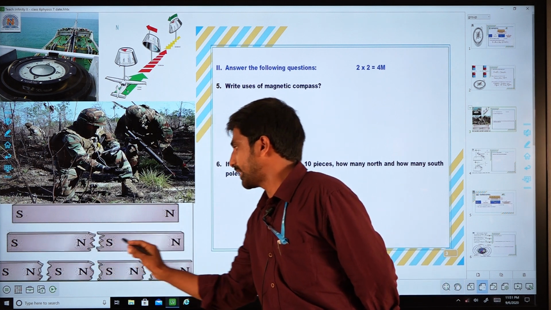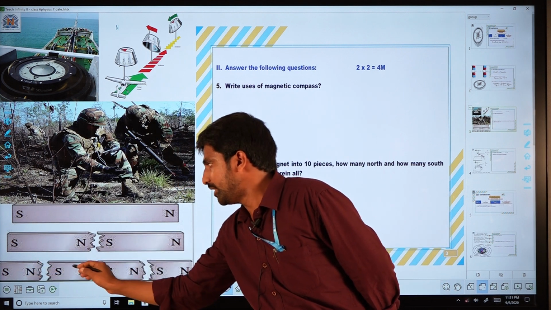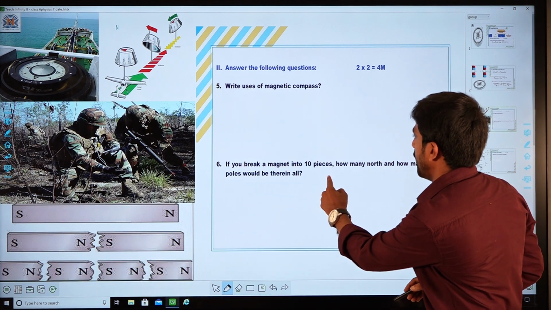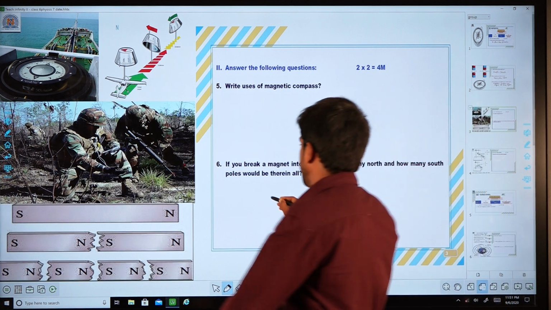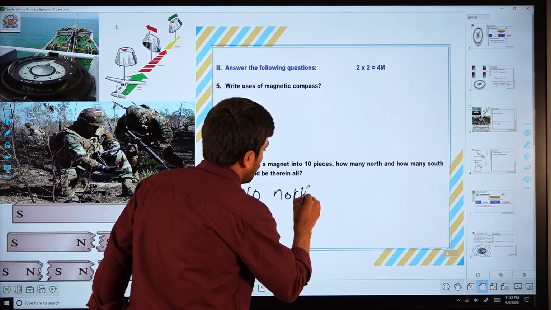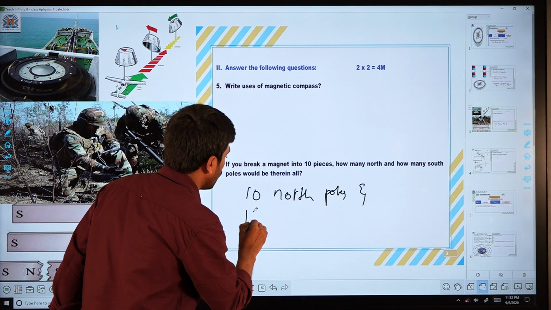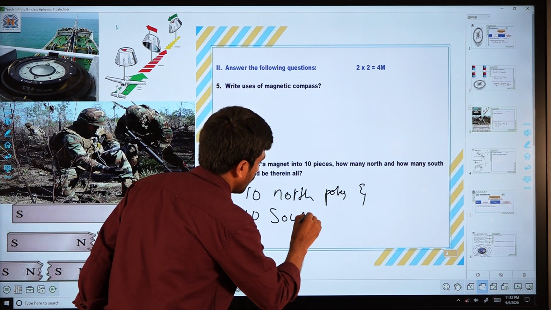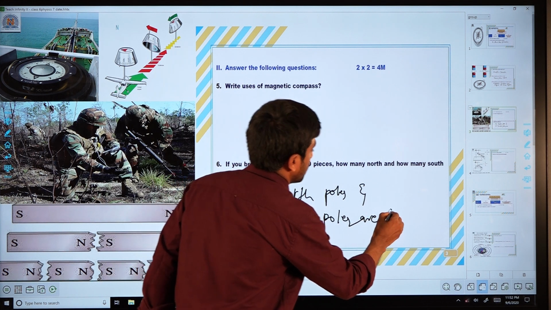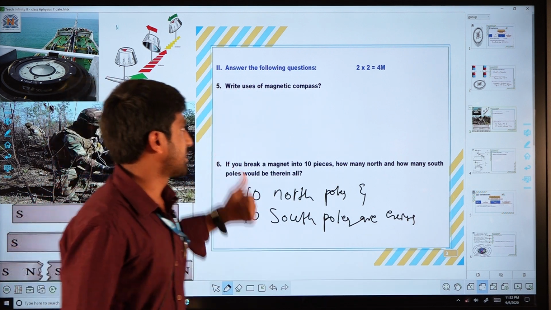Here north and south poles exist. Again you cut them, and these are again taken as magnets. So if you cut it into 10 pieces, 10 north poles and 10 south poles exist. So this is the answer to question number 6.